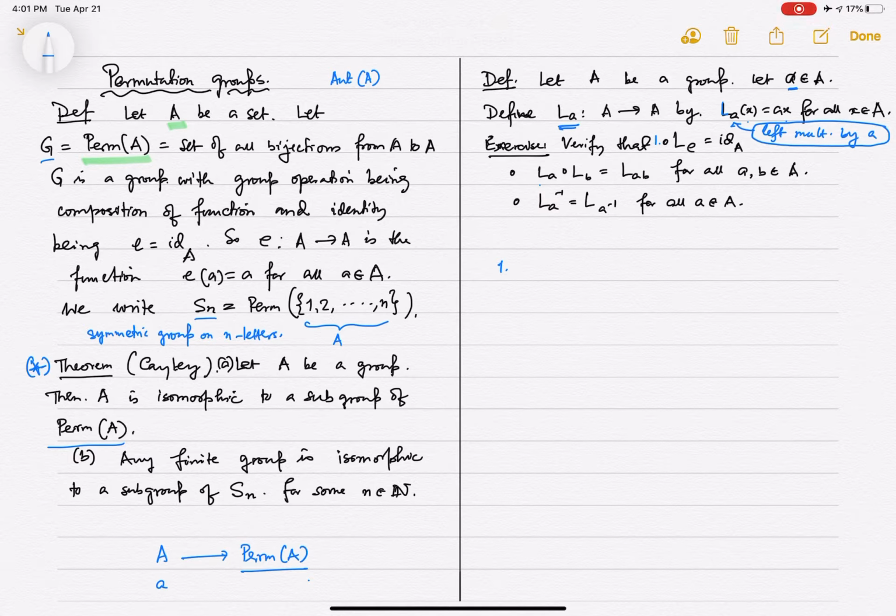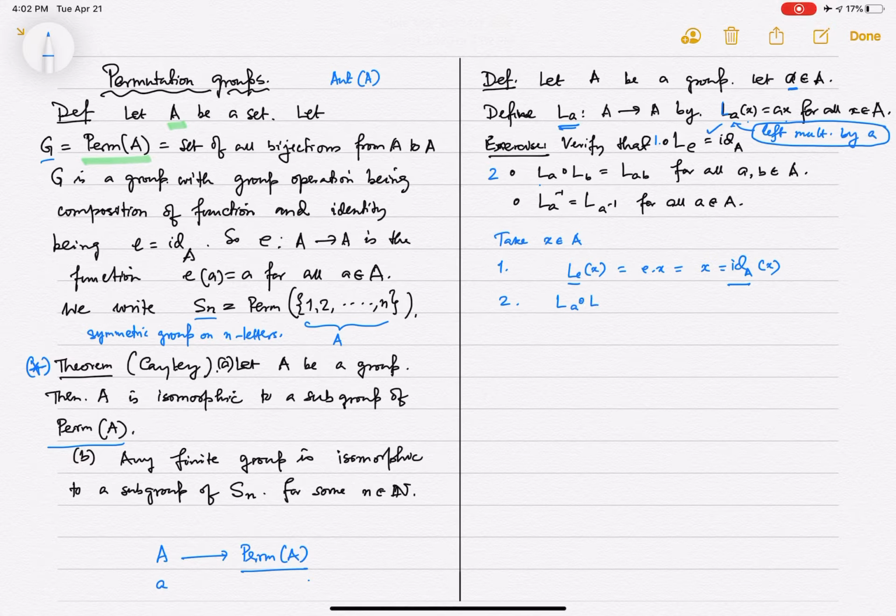How do you check two functions are equal? Well, you take some element of A and apply both sides and see you get the same thing. L sub e of x means e times x, which is the identity function applied to x. So this function and that function take the same value on every input, so they are the same. Very simple. 2. To check L sub a circle L sub b is L sub ab.